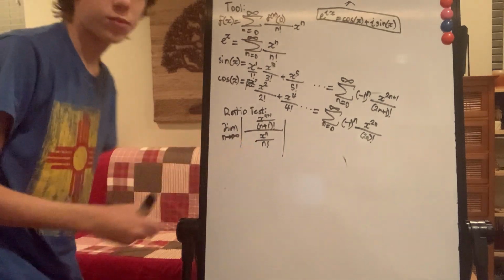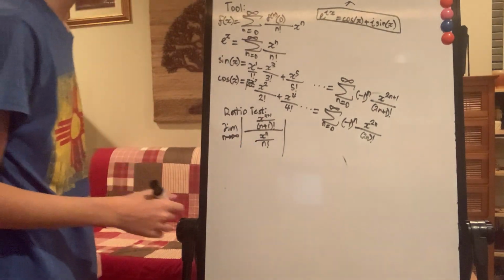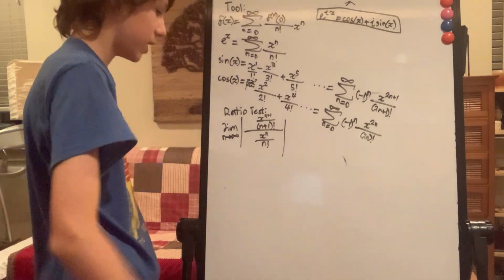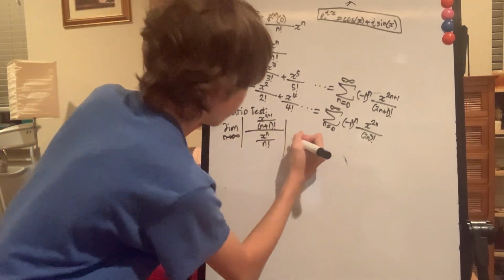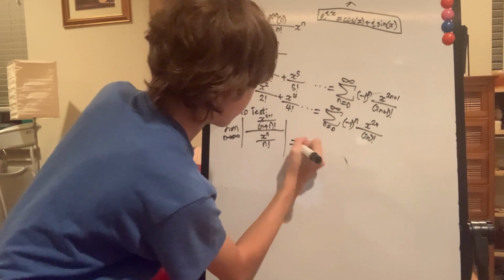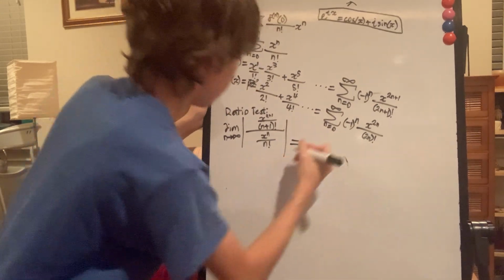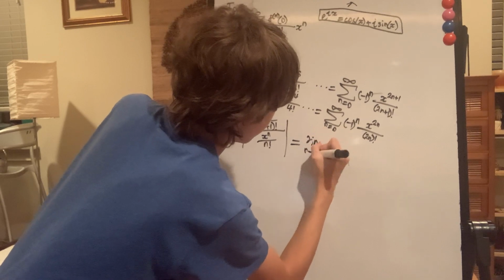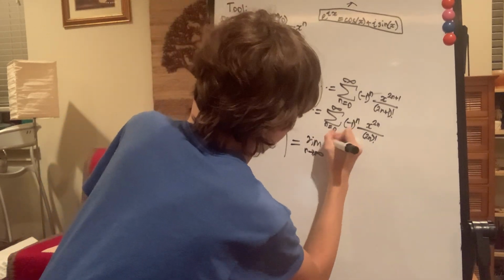We want this to be less than 1 to converge, and it can't be negative because of the absolute value.